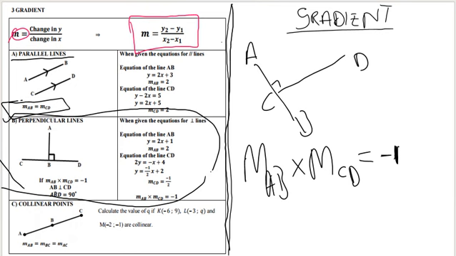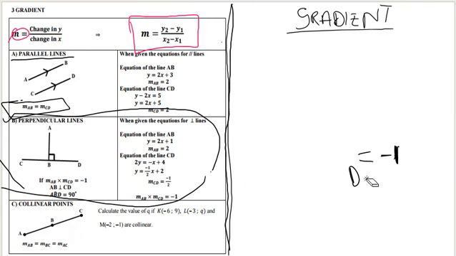Many of the things that I'm talking about will make more sense when we are dealing with examples. So about collinear points, look at this line drawn here. This line has A, B, and C. A, B, and C are collinear points.